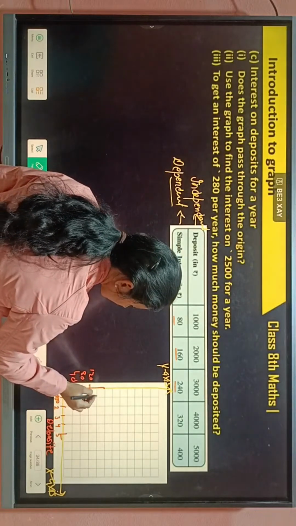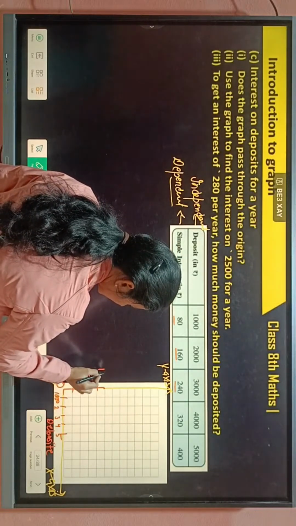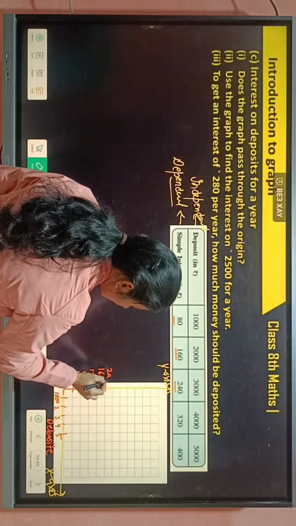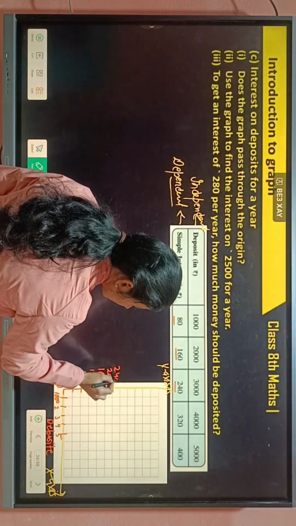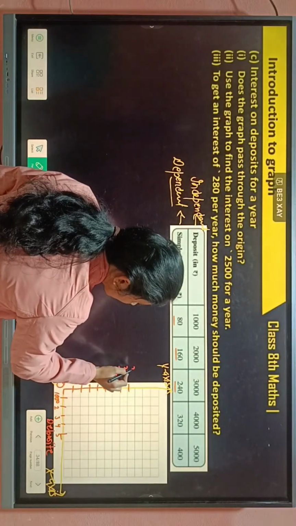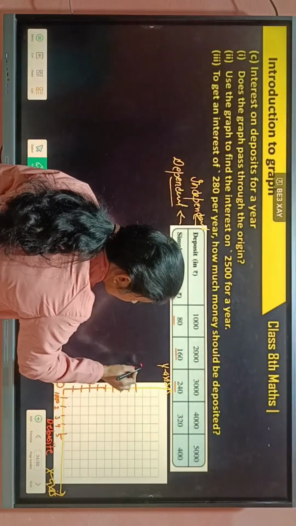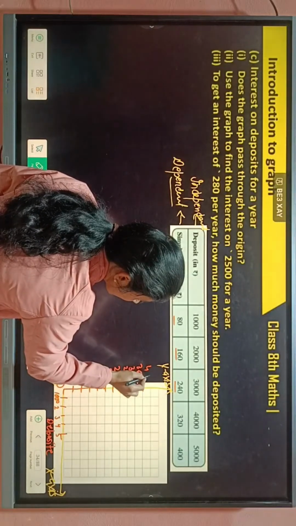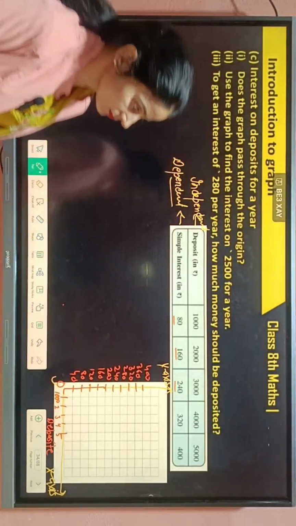Then 120, 160, 200, then 240, and then 280, 320, 360, and then it will be 400.